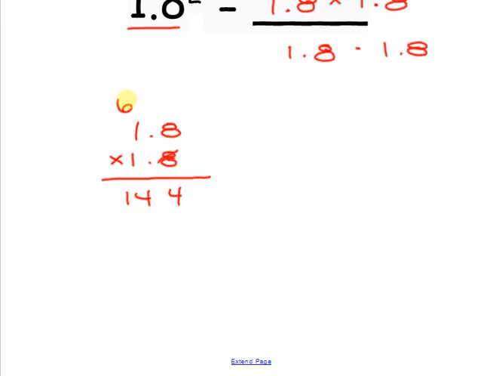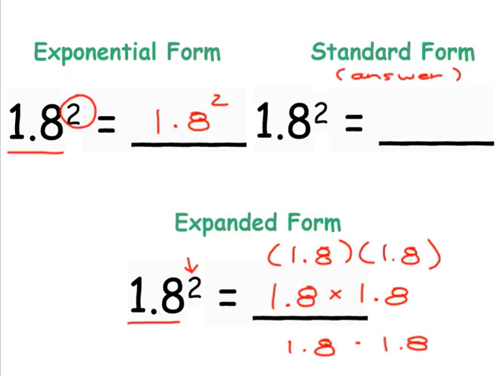I'm done with the 8, done with my 6, put my 0 as a placeholder. 1 times 8 is 8. 1 times 1 is 1. Add them all up. 4, 12, 3. How many numbers are after the decimal? 2. 1, 2. Your answer is 3.24.